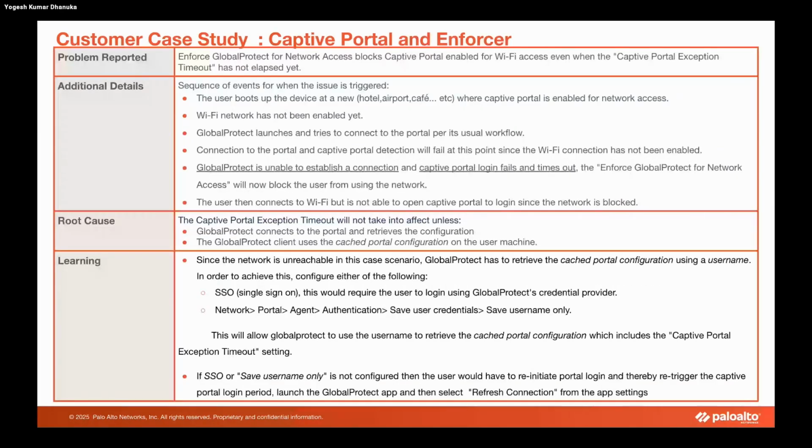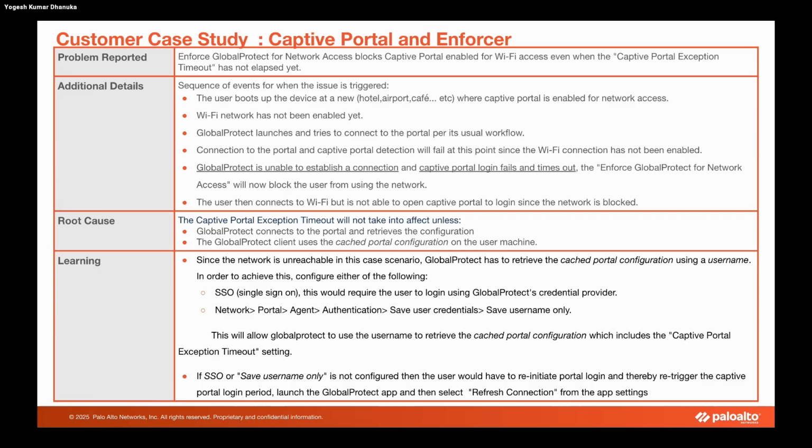Another one is the first use case that we discussed, where the enforcer is on and the captive portal timeout is configured, but the user is still not able to connect because the GlobalProtect is unable to connect. The captive portal timeout continues, and then the enforcer starts blocking all the connections.